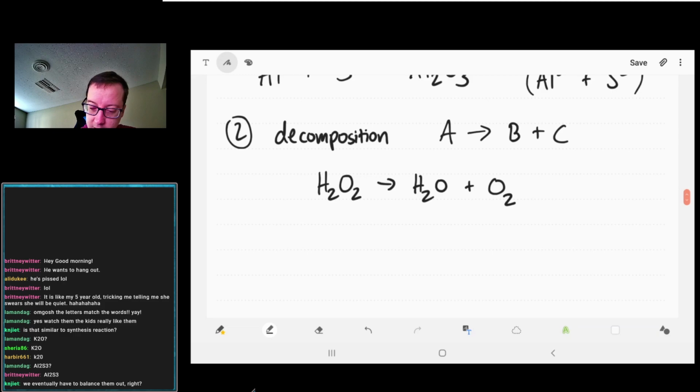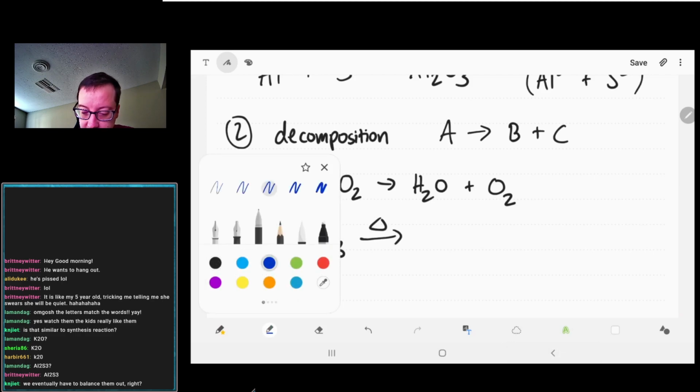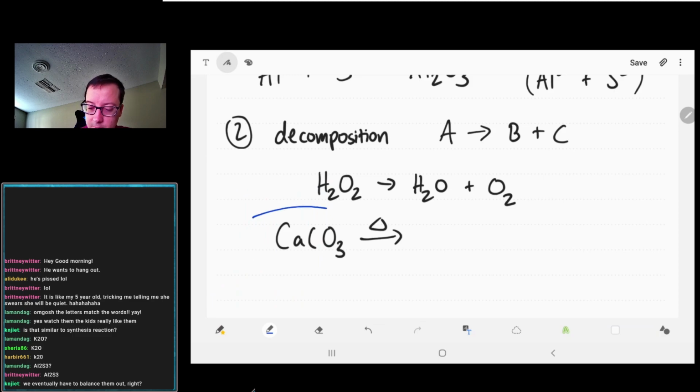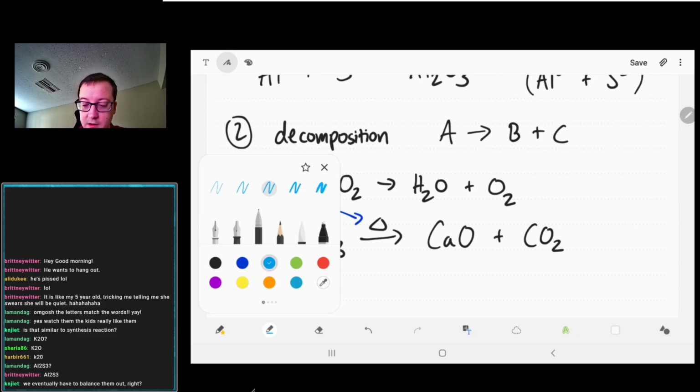Alrighty, so one that I would expect you to know is something of a carbonate. When you heat a carbonate, that little delta there means heat. When you heat a carbonate of something, you're going to get the oxide plus carbon dioxide gas. This is a pattern.